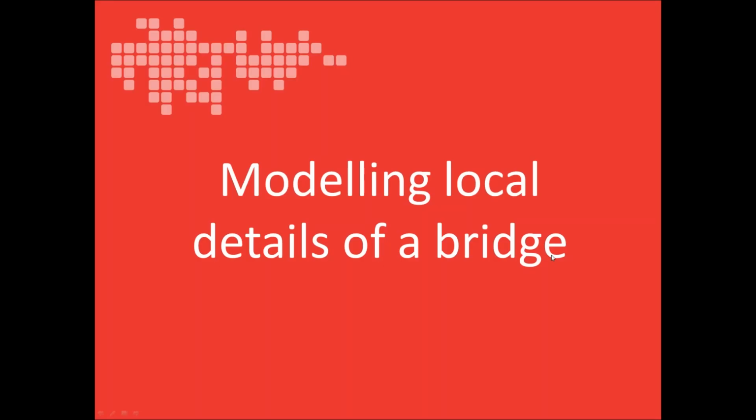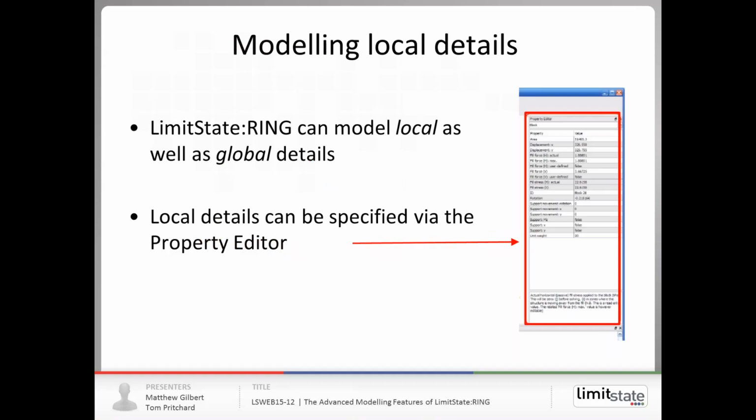Okay, so the first advanced modelling feature that I wanted to cover in today's webinar is the business of modelling local details of a bridge. Now, many of you will already be familiar with this one, some of you won't. So the key thing to note is that in limit state ring, we can either model global details, span, rise, global masonry properties, or we can dive down into more detailed areas.